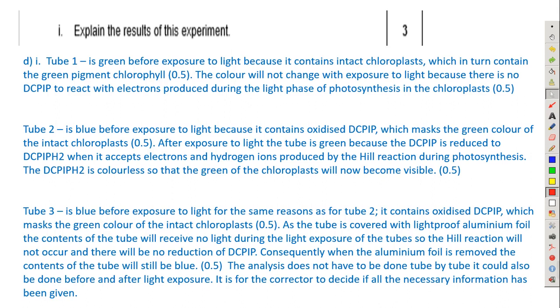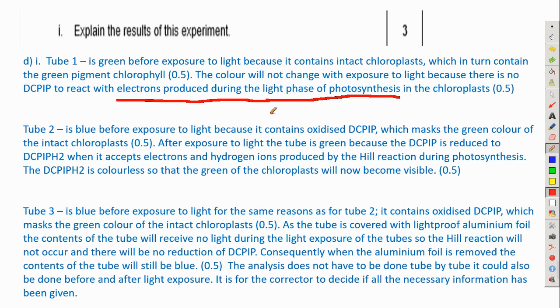Maybe there is one thing that we didn't say: the mechanism I said earlier on is going to be part of something called the light phase of photosynthesis. I'm not going to give too much for the moment, but what you know is that electrons are produced during this light phase of photosynthesis.